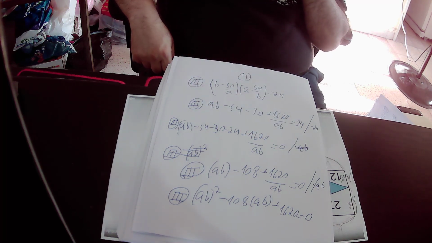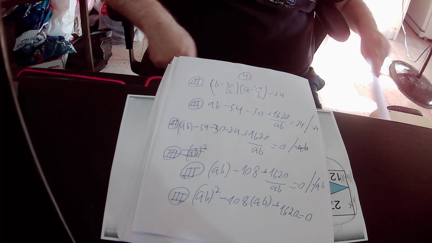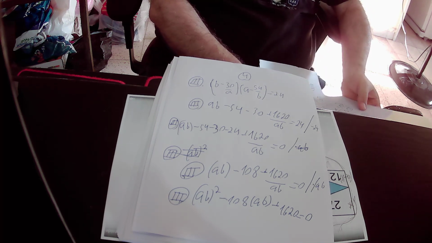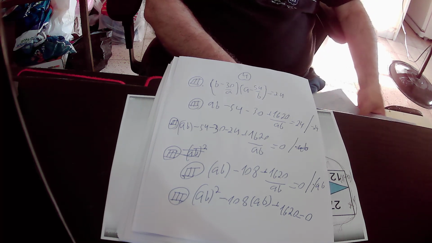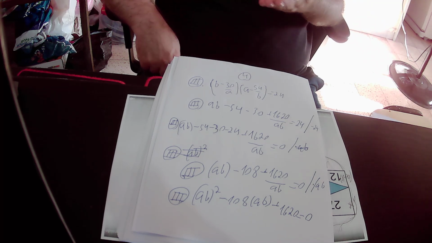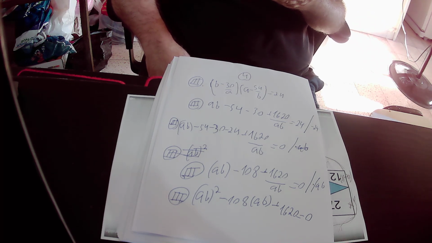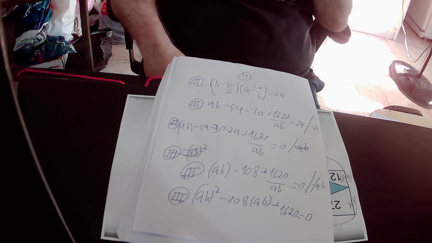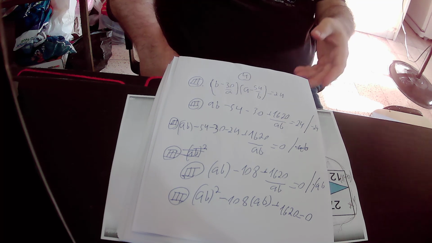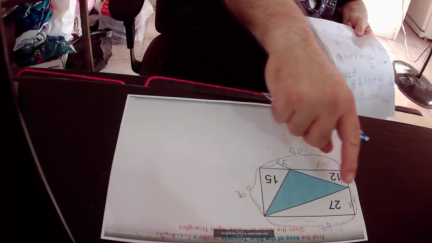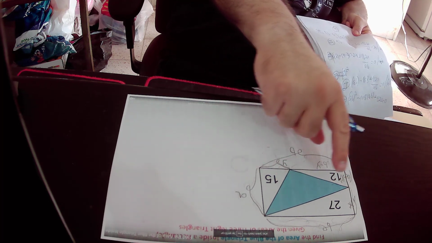Okay, so we got a quadratic equation, and the variable in this quadratic equation is AB. So we will have to find out the value of AB, and AB is actually also the area of this rectangle that we are looking for.